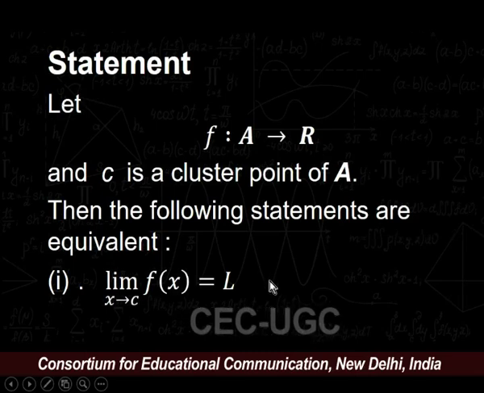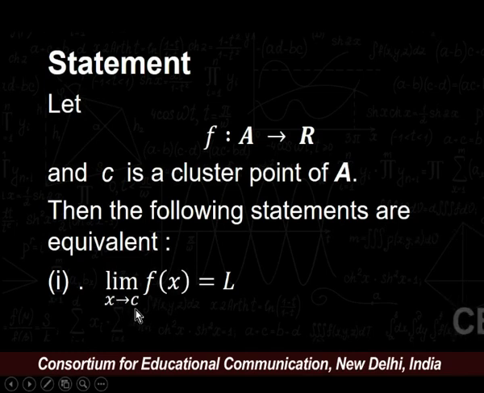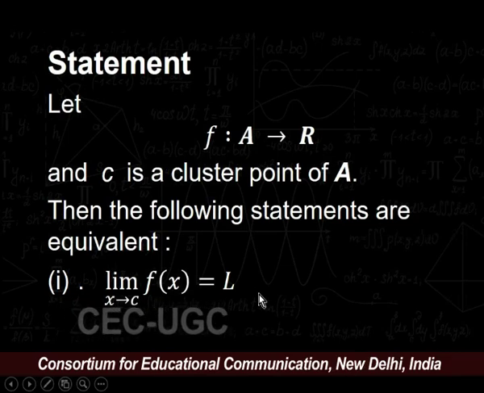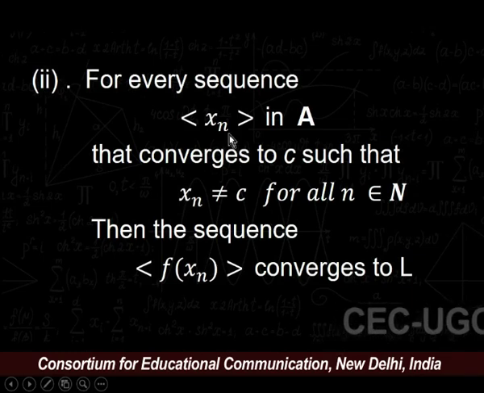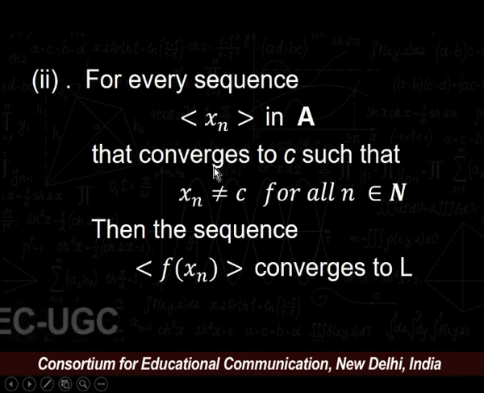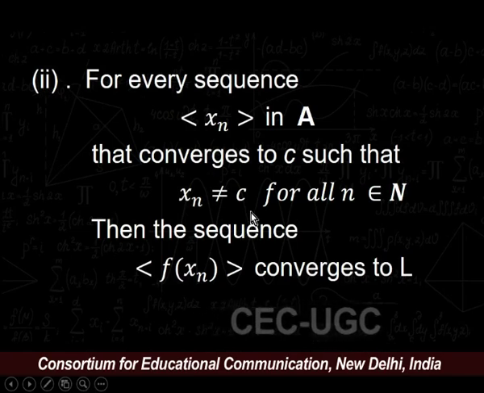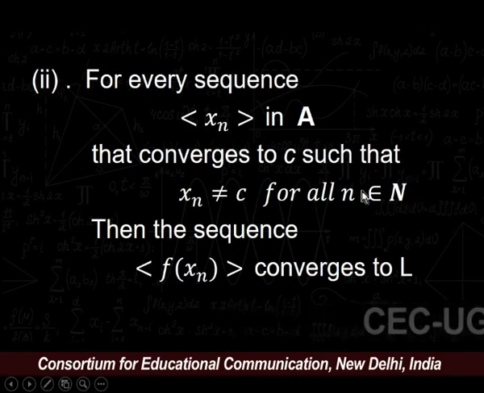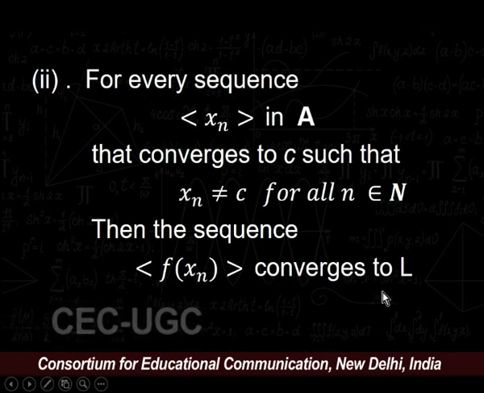The first statement is that the limit of f of x is equal to L at point c, or the function f has a limit L at point c. And the second statement is: for every sequence xn in A that converges to c such that xn is not equal to c for all n belonging to the natural numbers, then the sequence f of xn must converge to L.